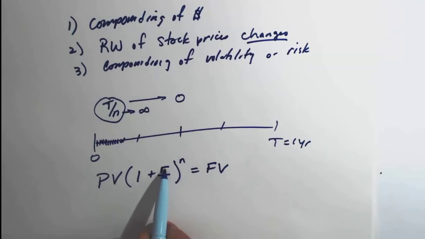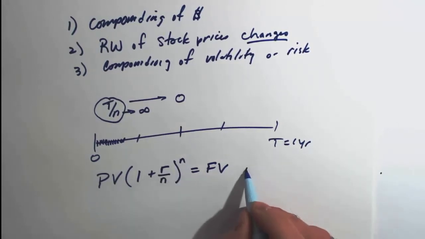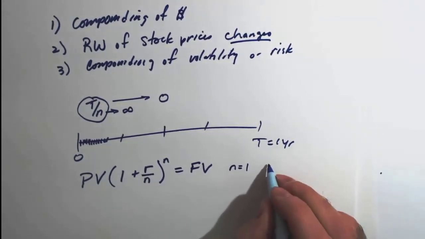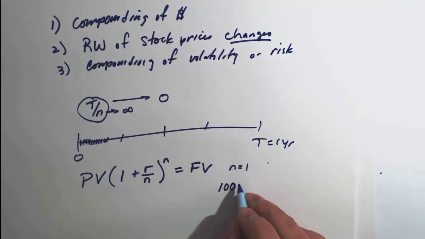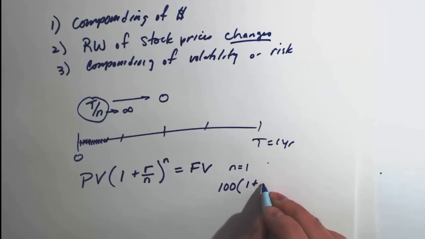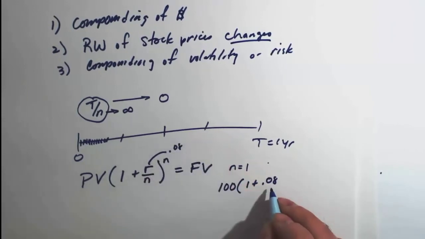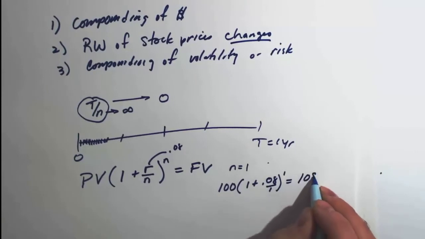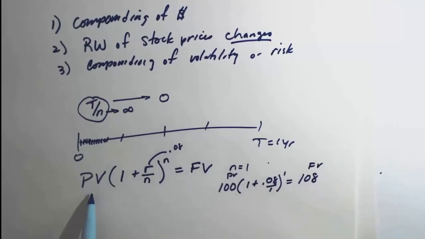So when n equaled 1, if we had a present value of $100 and r is 8%, 0.08, and we divided it by 1 and took it to the 1 power, we would have a future value of 108. So this is our present value, this is our future value.